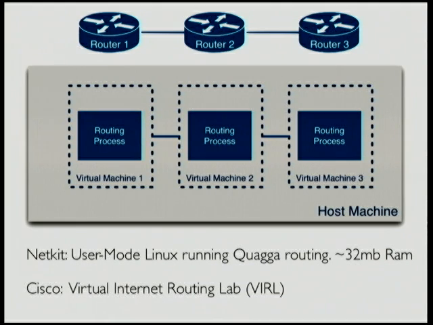We originally used Netkit, which was running user mode Linux, and you just run the Quagga routing daemon inside that, which was really efficient. With Quagga inside UML, you could run a router that would perform all the general routing functions in about 32 megabytes of RAM, which was very efficient on any sort of commodity device to build big networks.